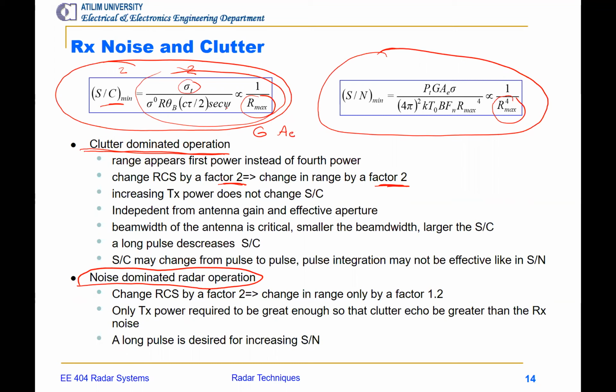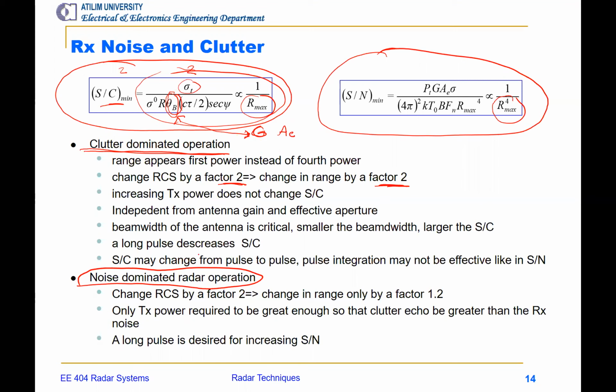But beam width of the antenna is critical. So theta B here is critical. Somehow this is related to the gain, but not directly, because we may talk about two different beam widths, and the gain is dependent on the two. So for this equation, we talk about only beam width, not gain.